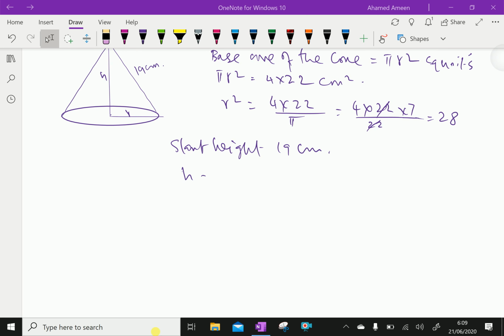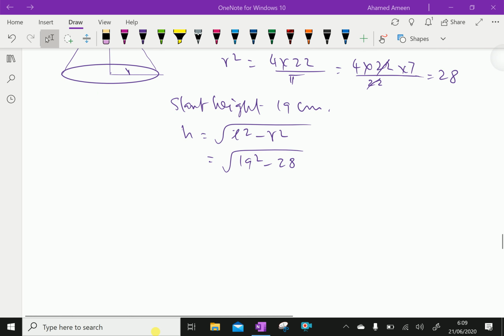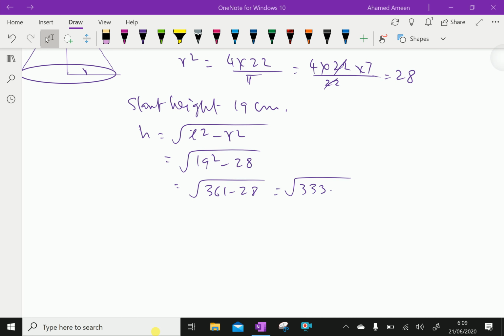Therefore height h equals square root of L squared minus r squared, which is equal to square root of 19 squared minus r squared. r squared is 28, 19 squared is 361, minus 28 is equal to 333. Now you have to find the square root of 333 for two decimal places.